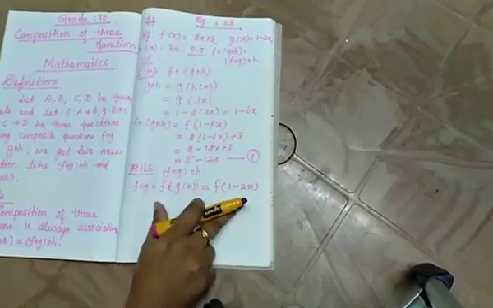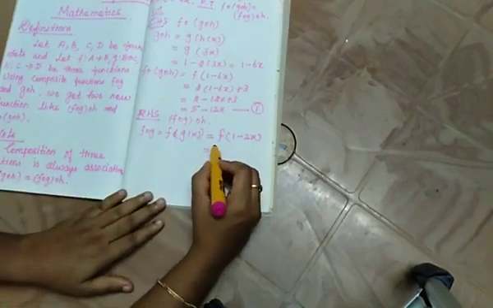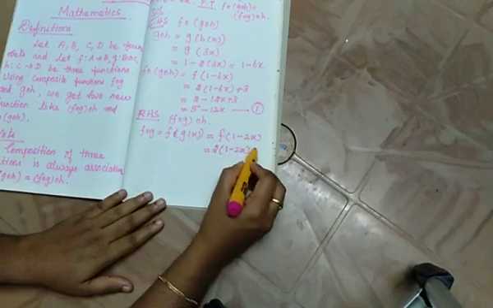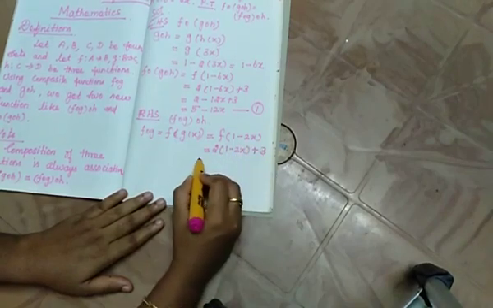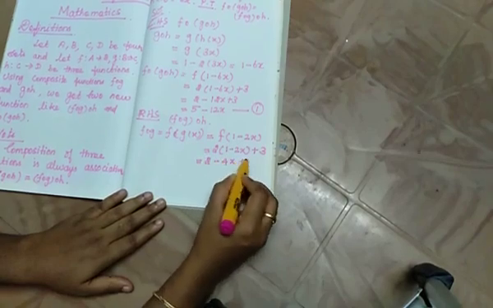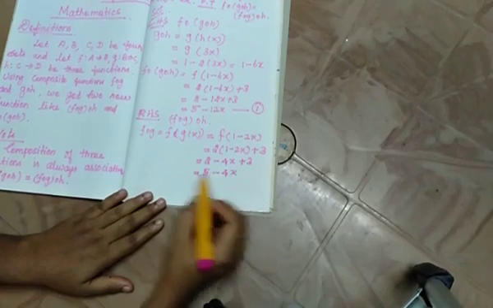In the place of x, we will substitute whatever is inside the bracket. So it is 2 into 1 minus 2x plus 3, which is 2 minus 4x plus 3, which is equal to 5 minus 4x.